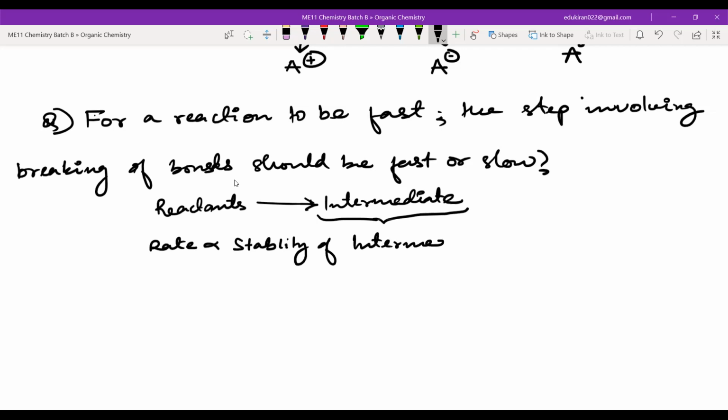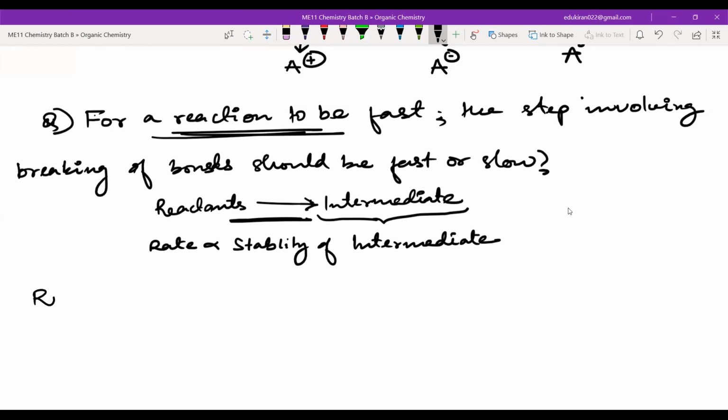Yes or no? Because if my intermediate is stable, that means this reaction can happen more easily and more fast with a lesser amount of energy. And if this reaction is happening faster, then our complete reaction, meaning reactant to product, will also be faster.